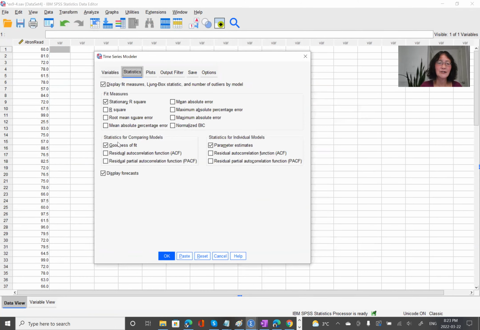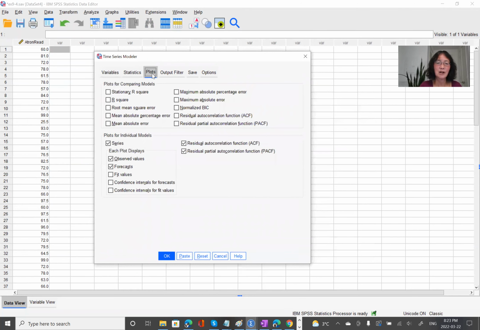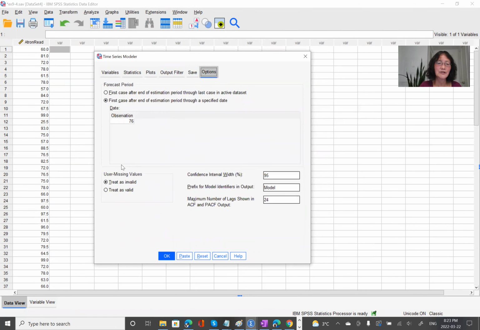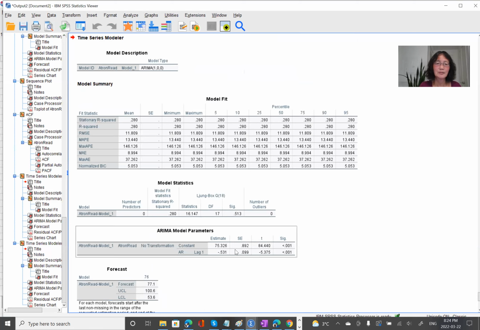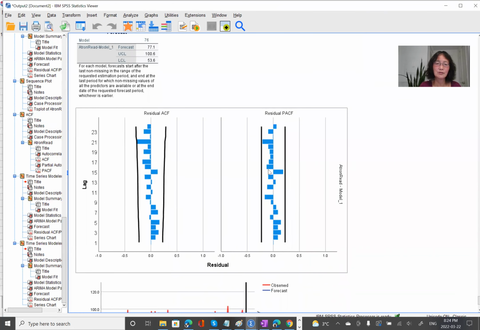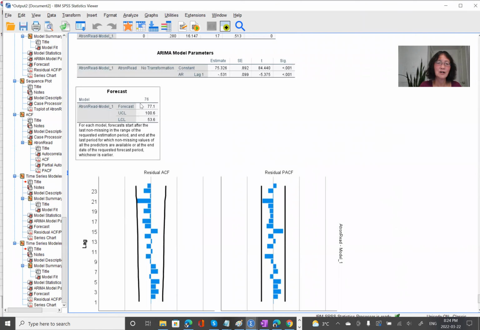Continue, statistics, okay, plot, okay, save, okay, options, everything is fine, okay. So this is my output. Looking at these 2 diagrams, fantastic, looks great. The predicted value for 76 is 77.1.